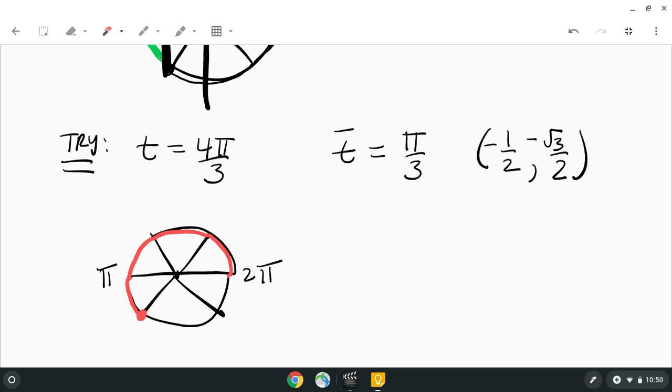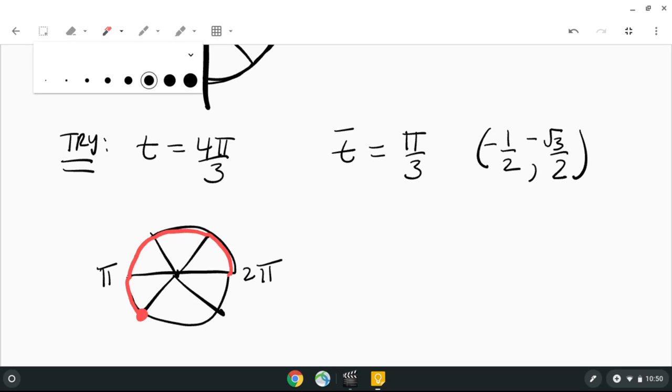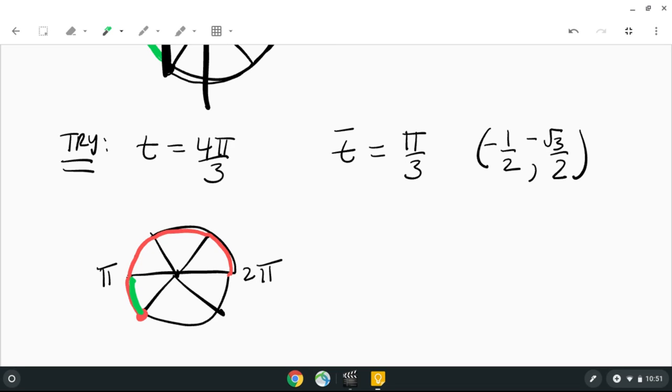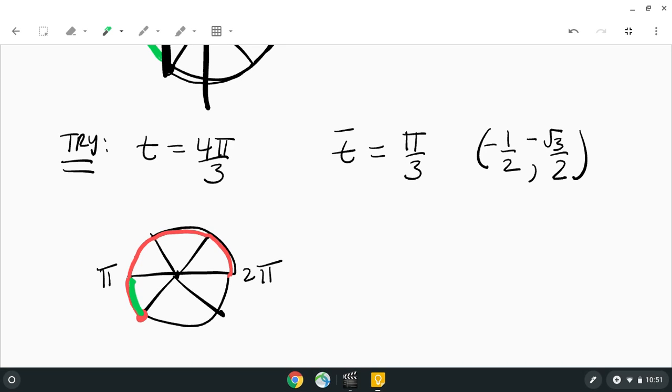And my reference angle is actually this distance, which is 1/3.